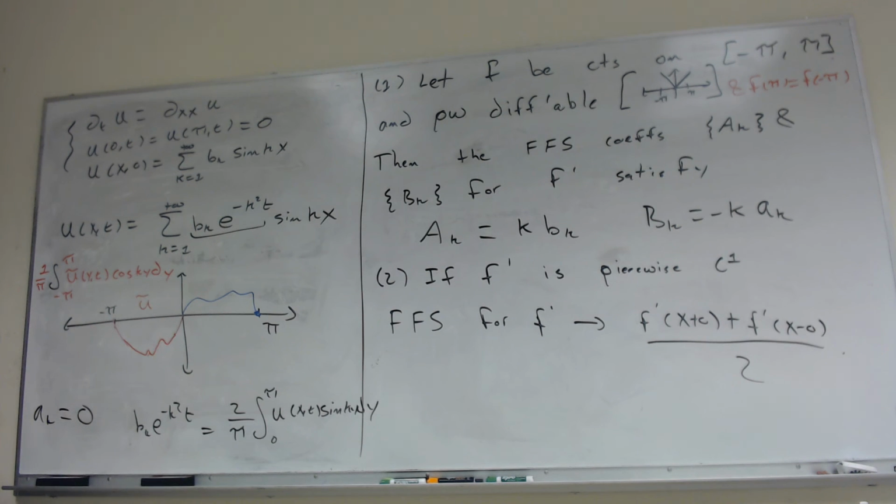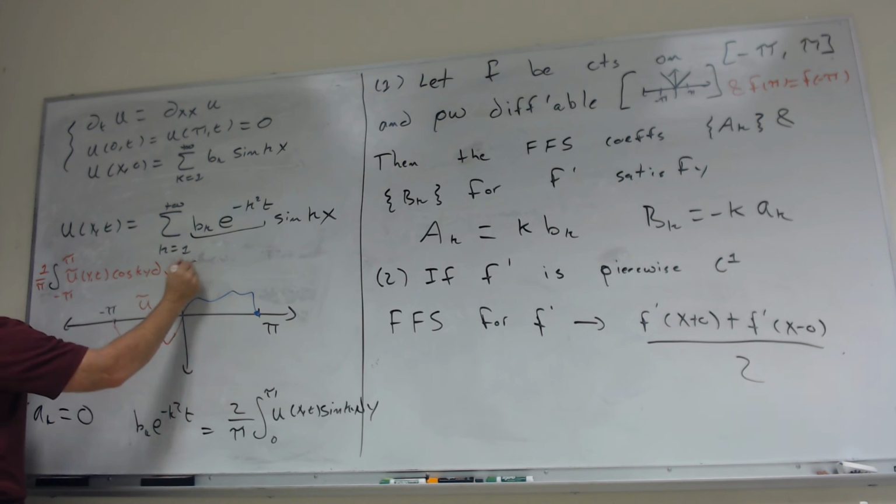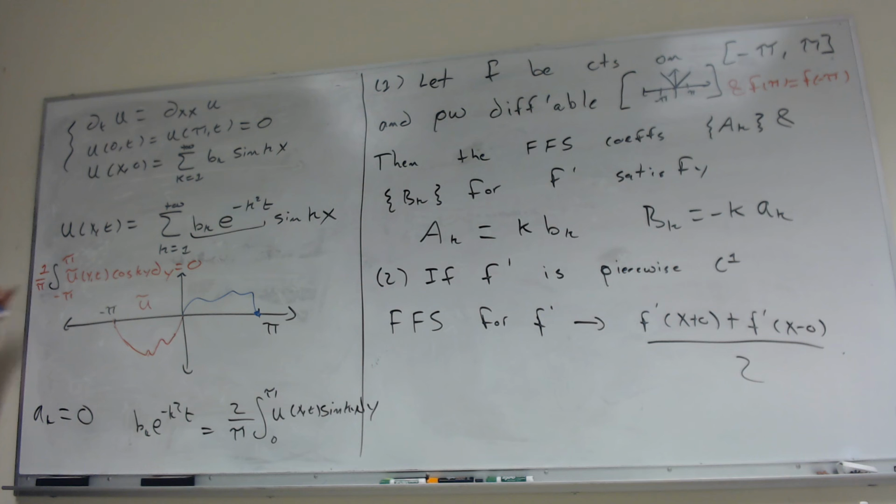Okay, so what's going to happen here? u tilde is an odd function, cosine is an even function. So overall, their product is an odd function. We're integrating from minus pi to pi. So this integral is equal to 0. Okay, so the full Fourier cosine coefficients are going to be equal to 0.